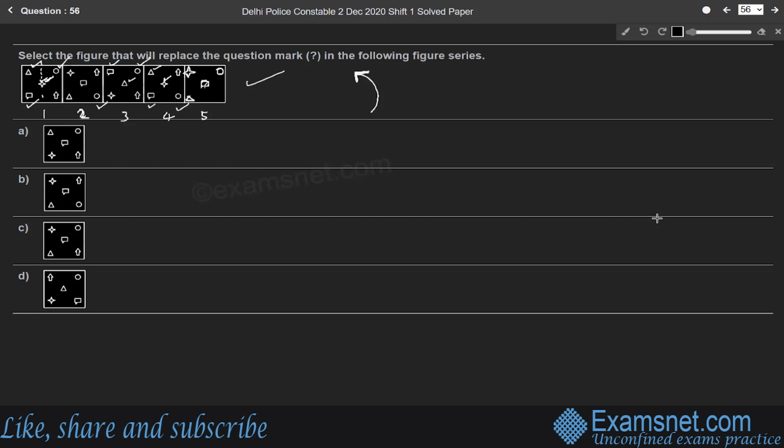And similarly, the position of the arrow mark is also interchanging. Therefore, in the fifth figure, its position has to be on bottom right, right? So look at the options, look at option C. Option C is the right answer.